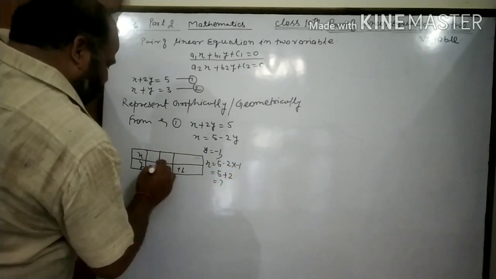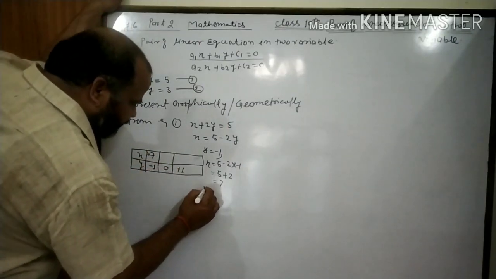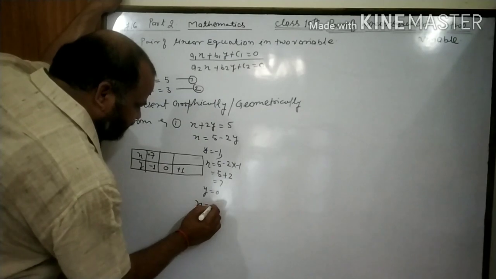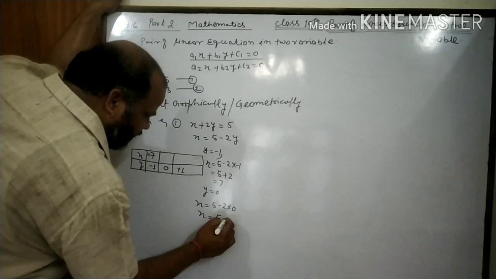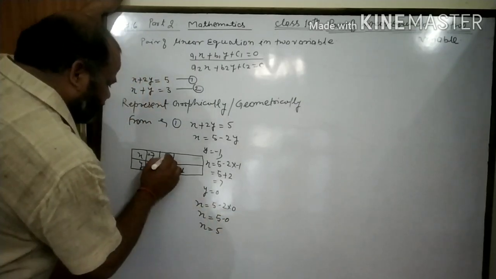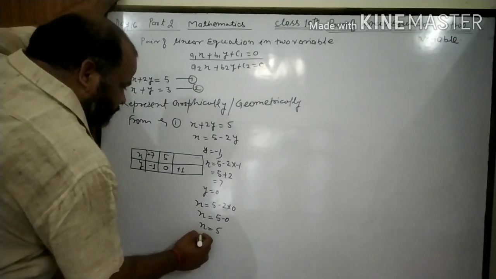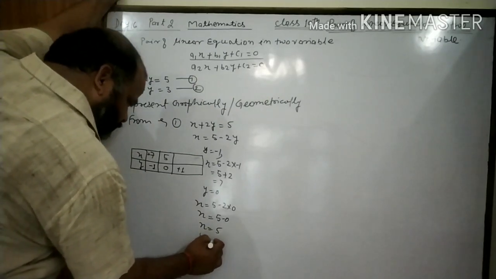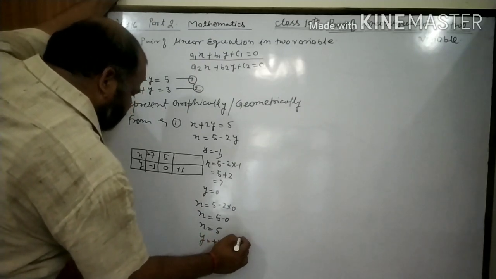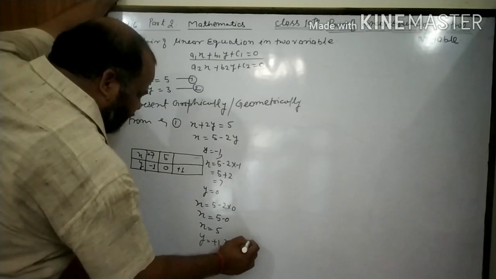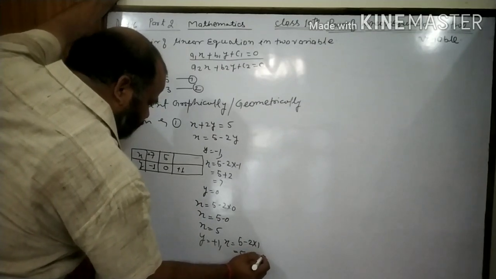It is 5 minus into minus plus 2, then it is 7. In the same way, if y is equal to 0, then x is equal to 5 minus 2 into 0, then x is equal to 5 minus 0, then x is equal to plus 5. In the same way, if we put y is equal to +1, then x is equal to 5 minus 2 into 1, then 5 minus 2 is equal to 3.